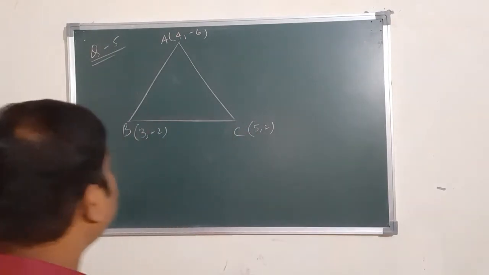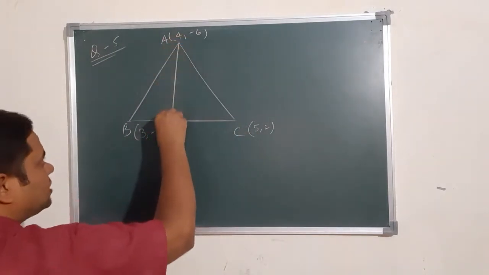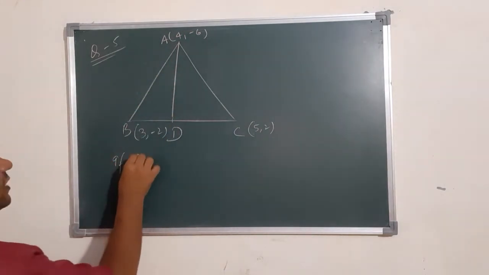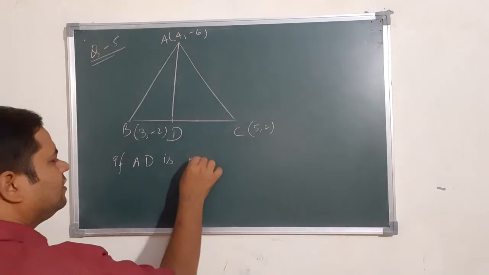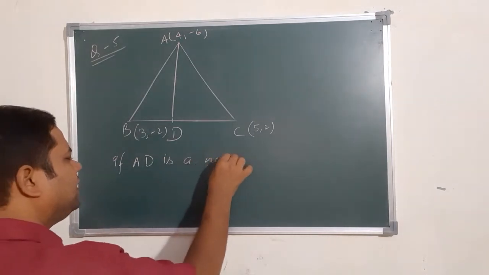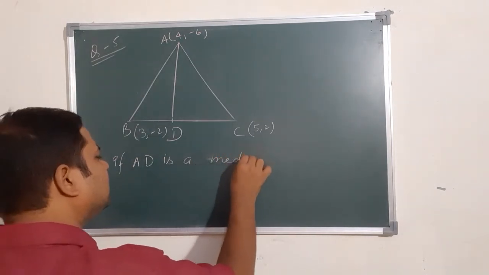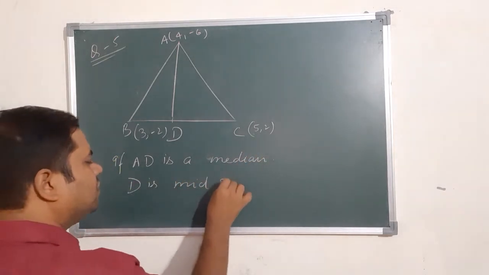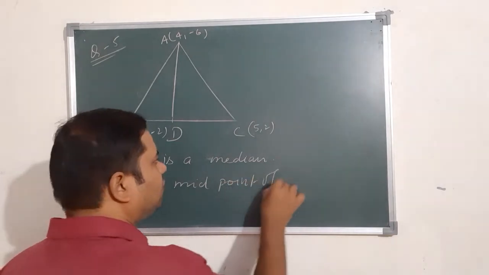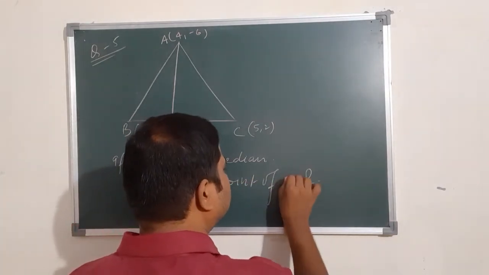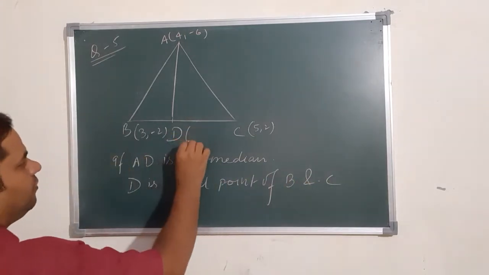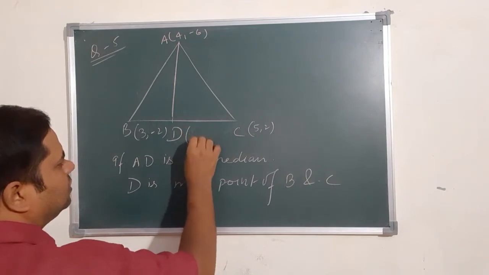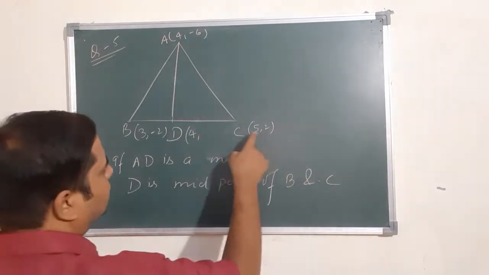Okay. So first of all we draw a median. Suppose this is D. Then AD is a median, and D is the midpoint of B and C. So first of all you find point D, and this is very easy. 3 plus 5, 8 by 2, this is 4, and minus 2 plus 2, this is 0.